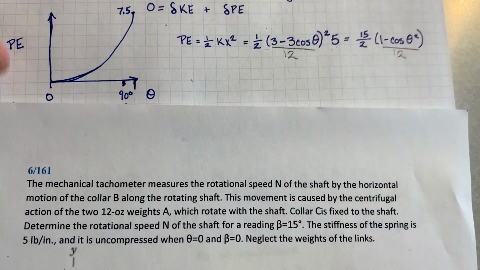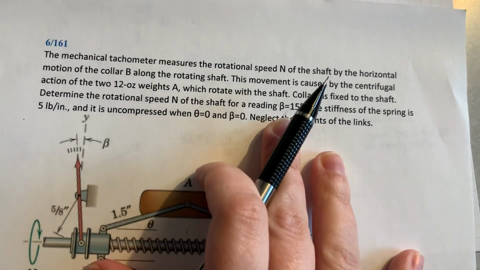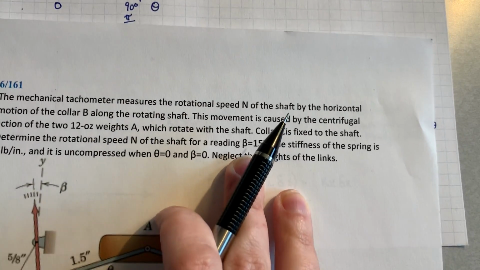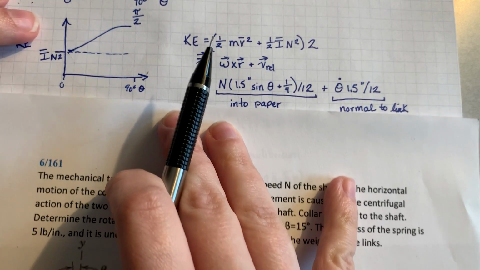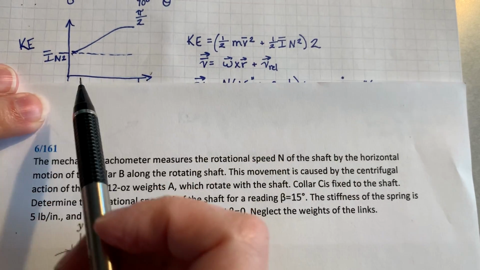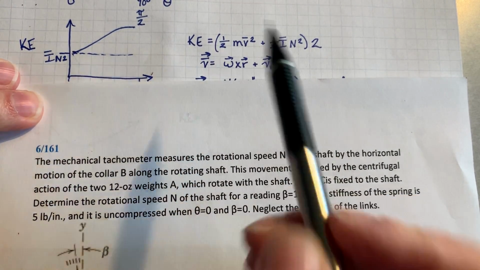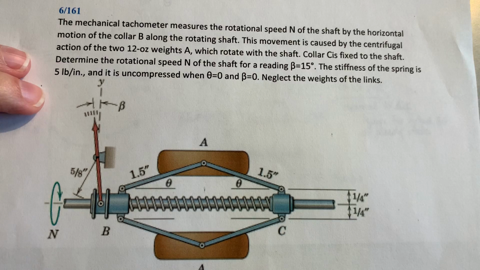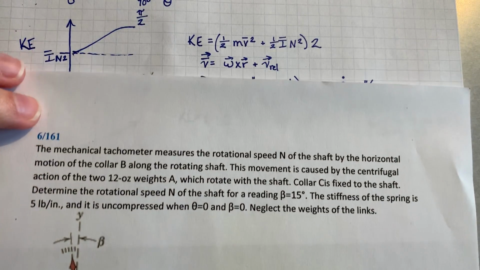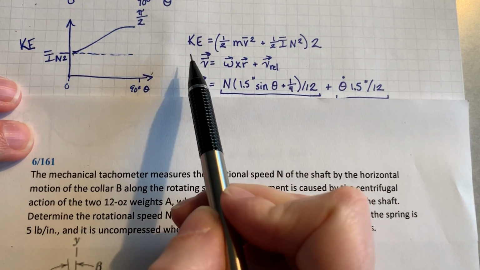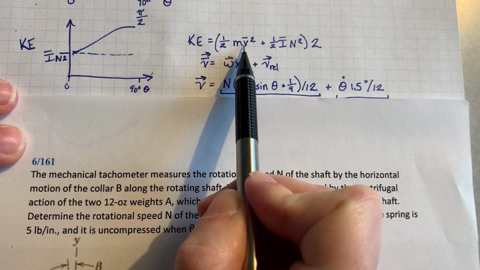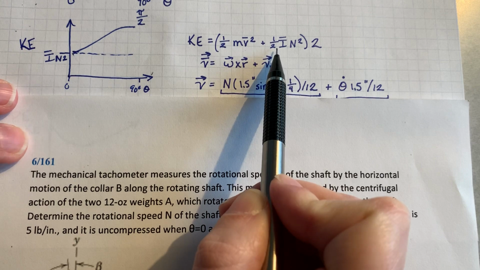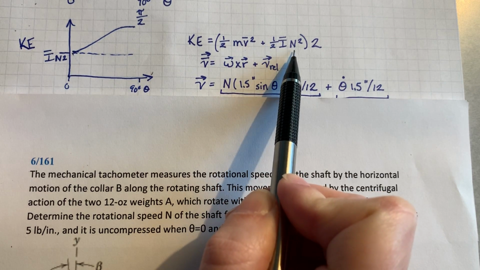Now let's think about the kinetic energy. The kinetic energy for these rotating masses is going to be 1/2 m v bar squared, plus 1/2 I bar times omega for these, which would be n, squared.